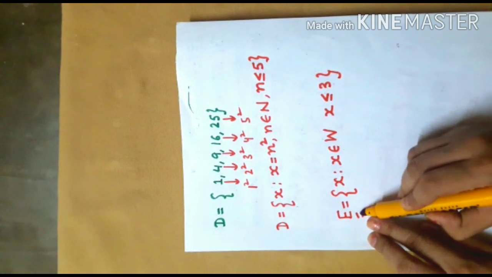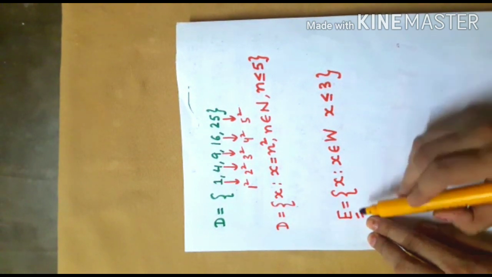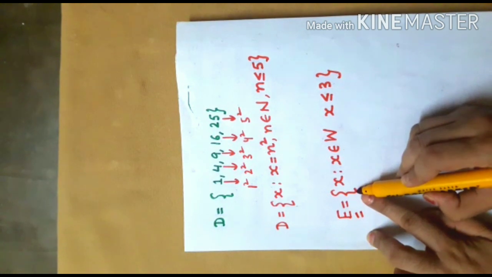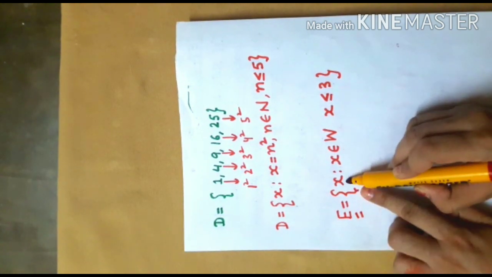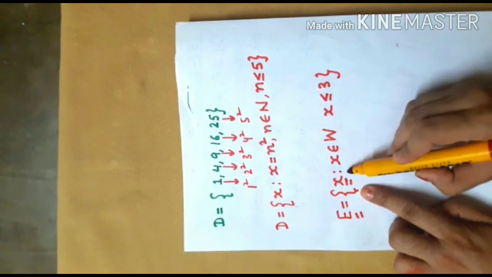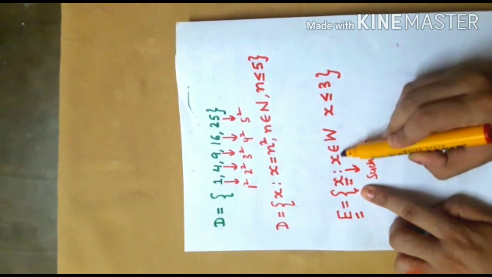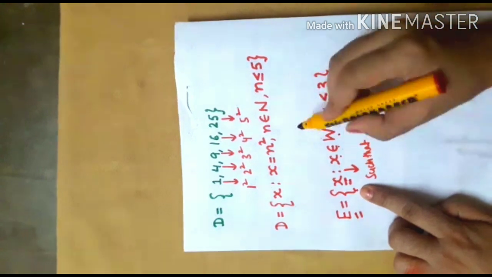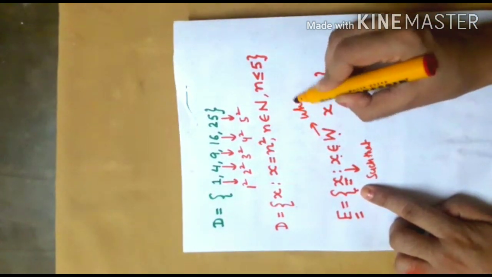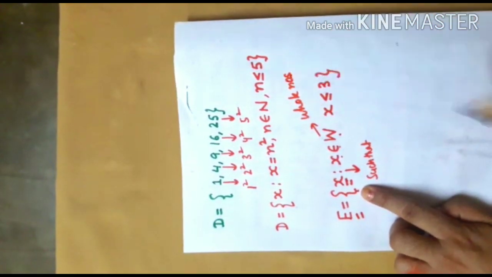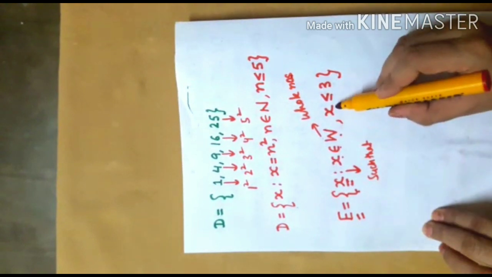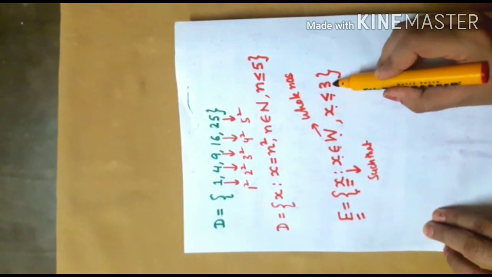Name of the set is E, so I'll read this as set consisting of all x such that x belongs to W, and W means the set of whole numbers, and x is less than or equal to 3.